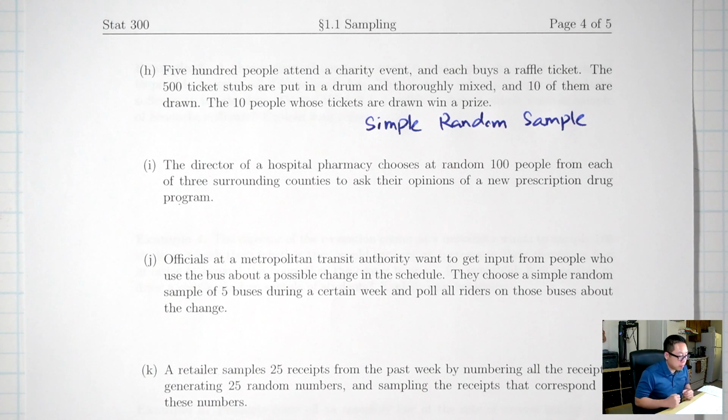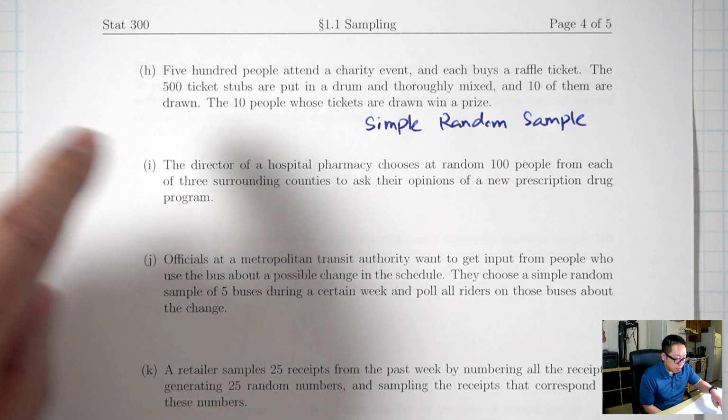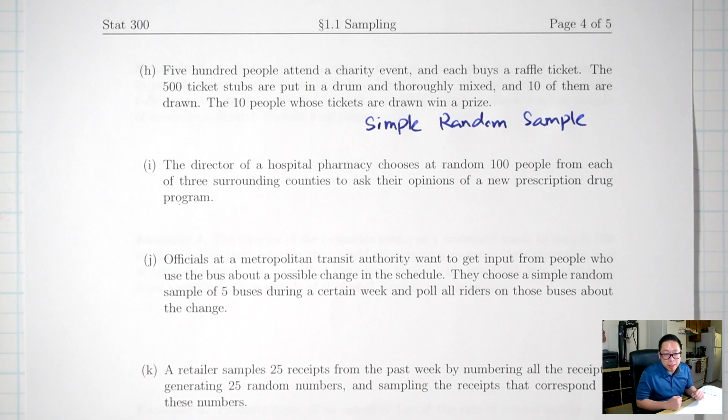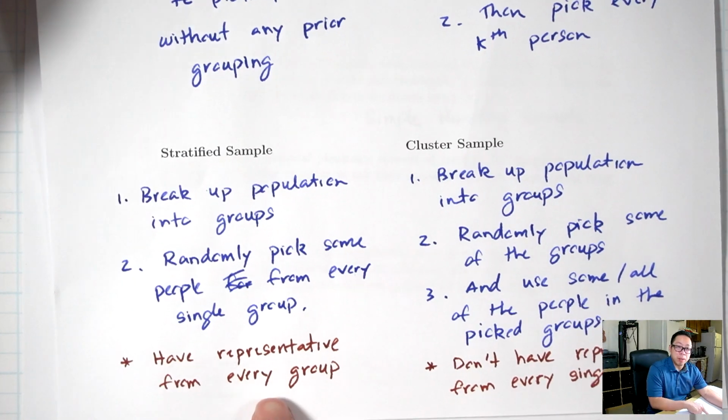And the question is, do we have representatives from every single group? Assuming that the 3 counties is everybody, we do have representatives from every single group. We have 100 people from each of those groups. Because you do have representatives from every single group, this would be stratified.